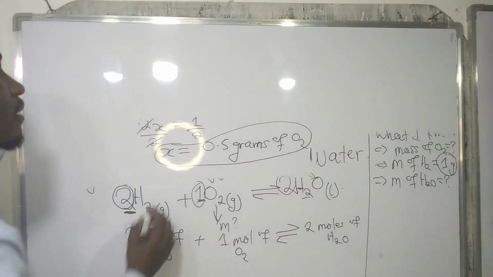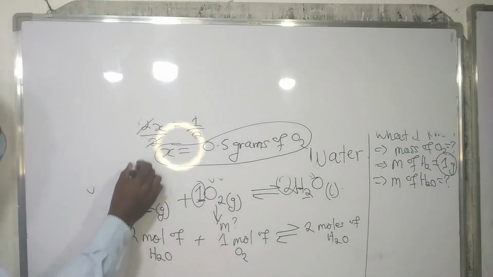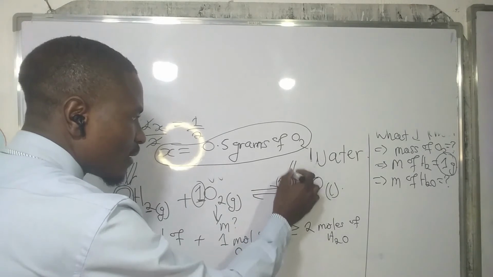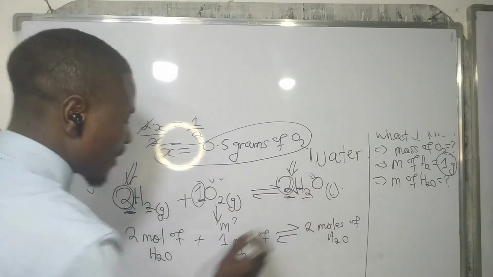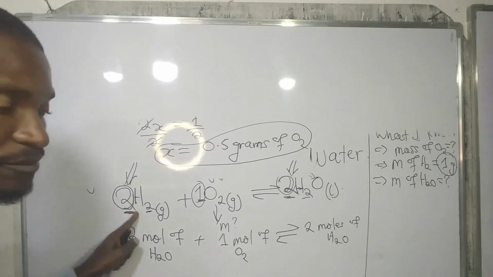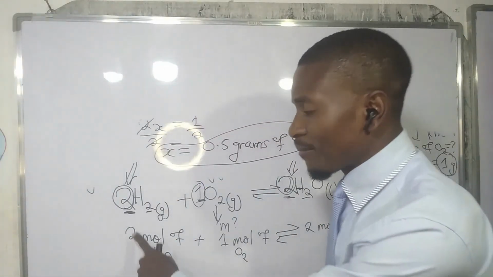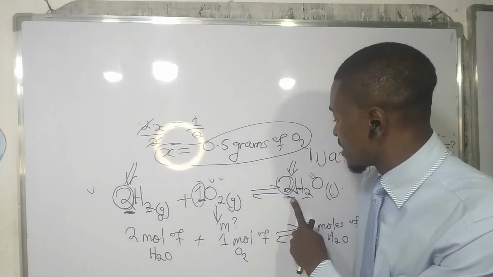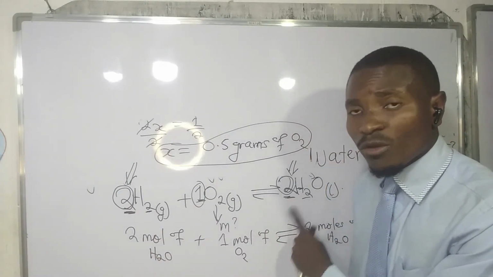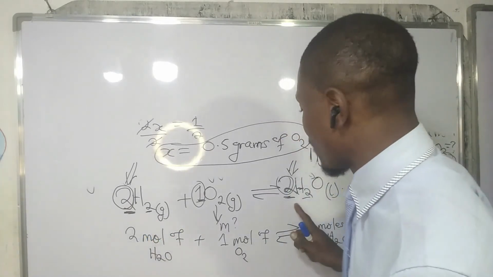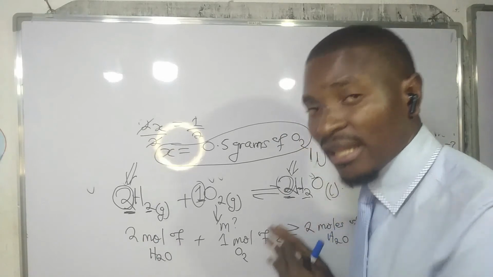Now I want you to understand that if these balanced numbers are the same, like in this case, the number in front of the hydrogen is the same as the one in water, then the mass used for the hydrogen is the same as the mass of water that will be produced.